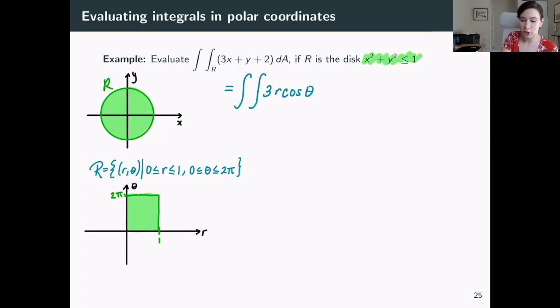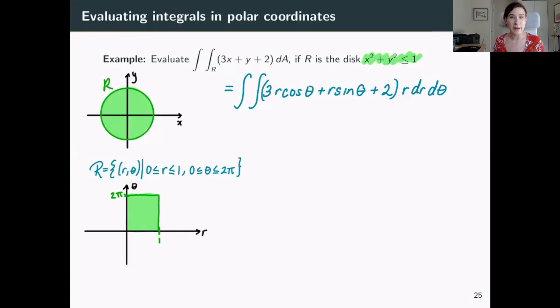Our y's are going to change to r sine theta, and I've just got that single y there, and then plus a 2. Now, careful here, all of this is going to get multiplied by dA, but we know that dA is going to be r dr d theta. Can't forget that extra r there in our switch to polar coordinates.